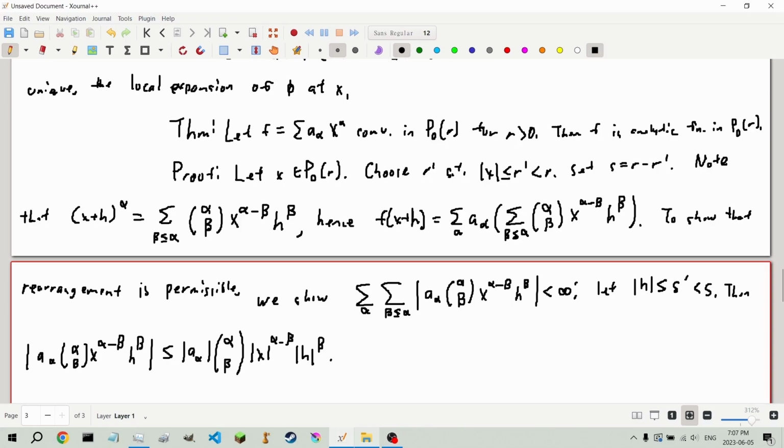And we use that the norm of p is going to be at most p itself when p is a positive integer to estimate this factorial.